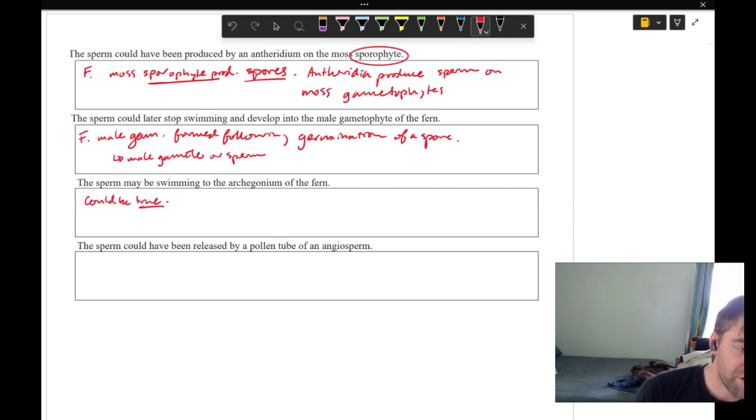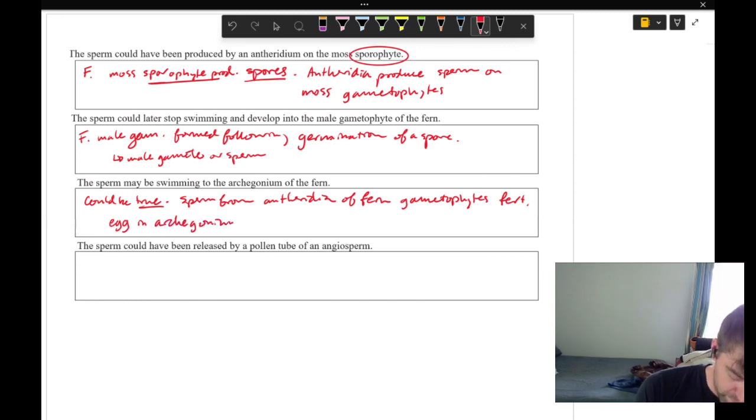Sperm from the antheridia of fern gametophytes fertilize the egg in the archegonium to produce the diploid sporophyte.